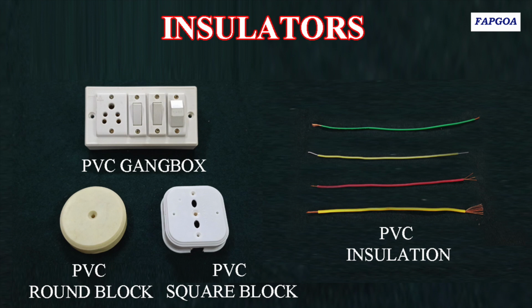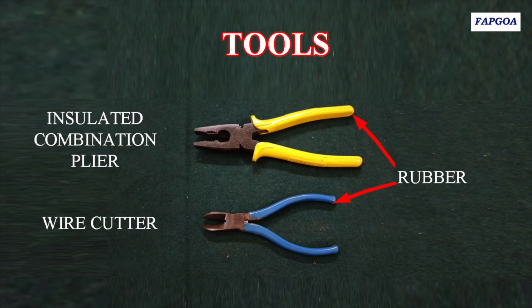PVC stands for polyvinyl chloride, used in PVC pipes, PVC switches, coating of wires, etc. Rubber. Rubber is used in rubber mats or rubber gloves. These gloves are mostly used by electricians while handling electrical repair work.